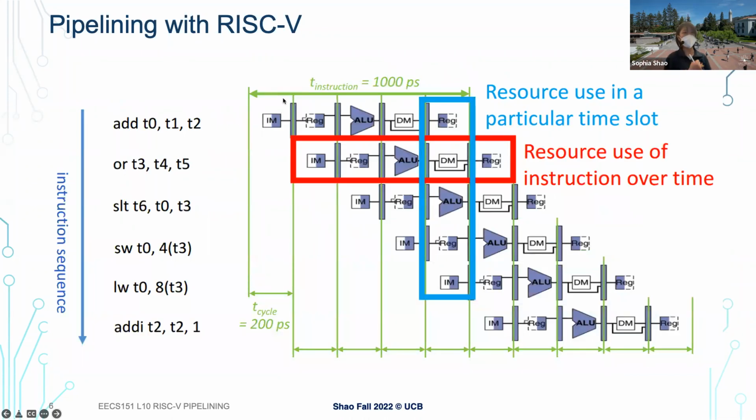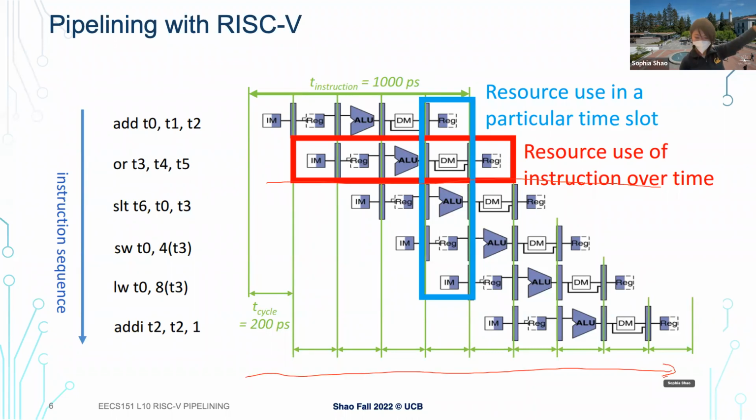And the way we pipeline the RISC-V design, for our discussion I always use this 5-stage pipeline design, but you can also have a different number of pipeline stages. In your design, you will do a 3-stage pipeline. For illustration, we'll do this 5-stage pipeline. Whenever we do a discussion like this, we have a horizontal view and a vertical view. The horizontal view is the resources used for each instruction over time.